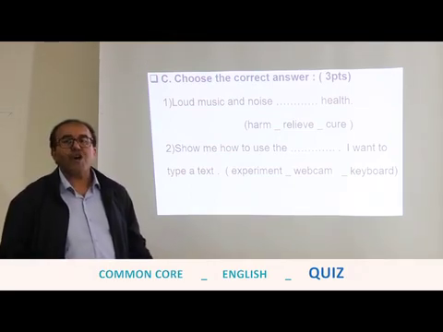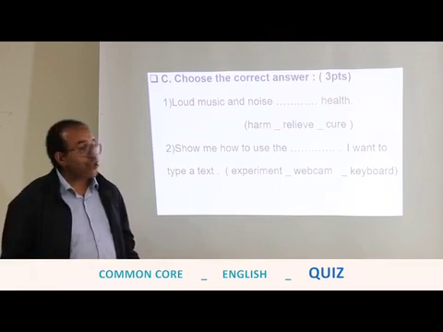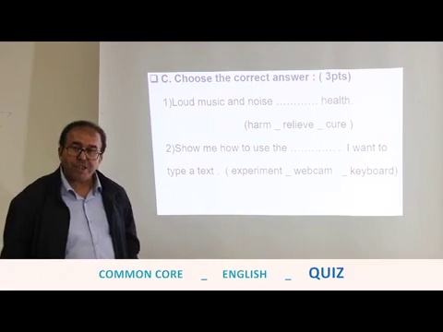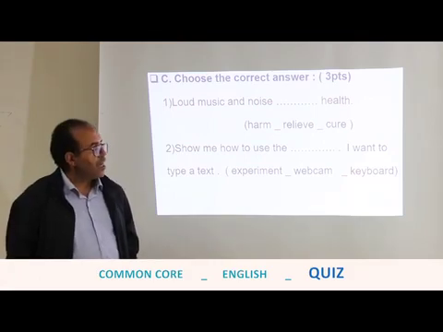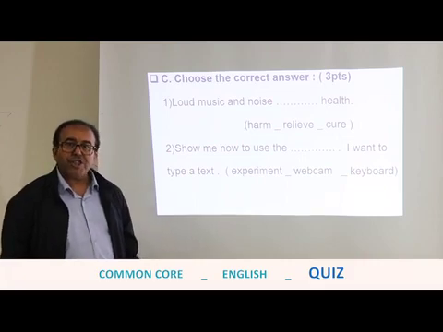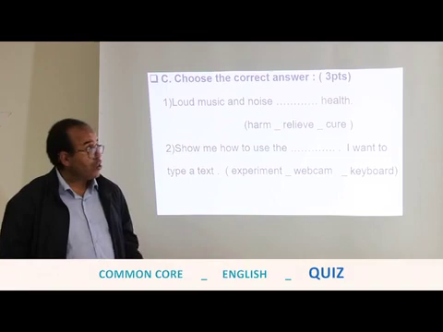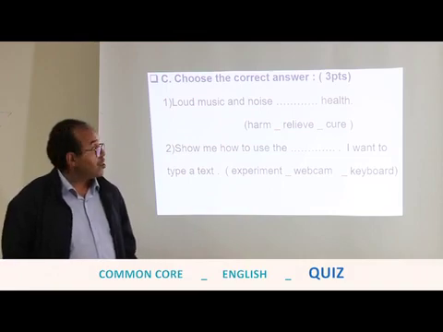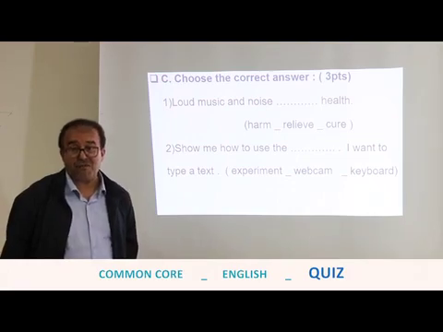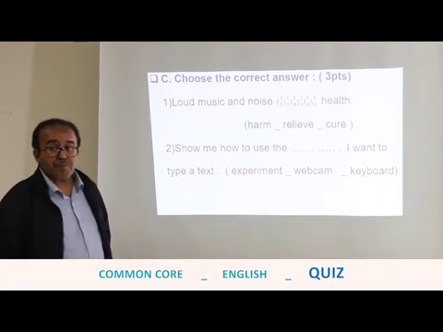They are good for illnesses. They relieve pain. Cure. Now, to cure is to take medicines. When you take medicines, they cure your health. They are good for your health. To cure is something good. To relieve is something good. To harm is negative.